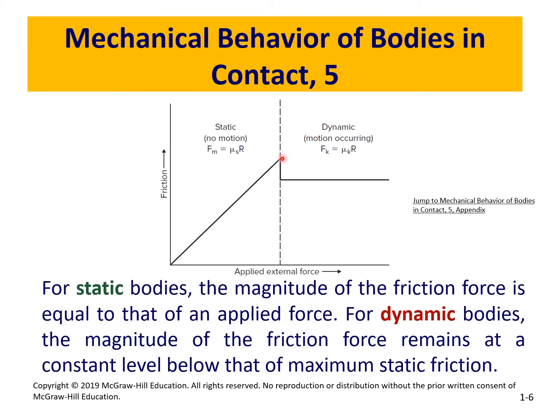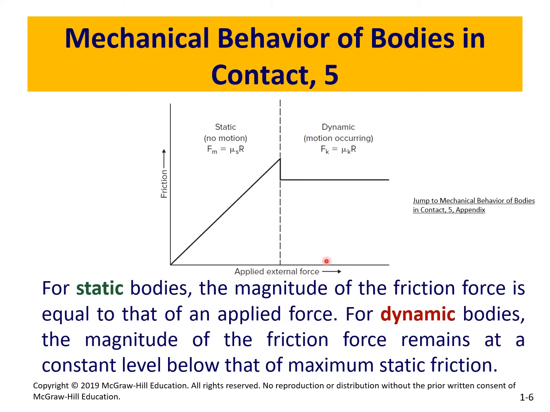The dashed line indicates the amount of force needed to start moving the object. From this point to the right and onward, the object is moving, and you can see that after the maximum static force there is a drop in the friction force. That's the kinetic friction force, and it becomes constant. So the static force develops and increases linearly, and the kinetic friction force is a constant force.